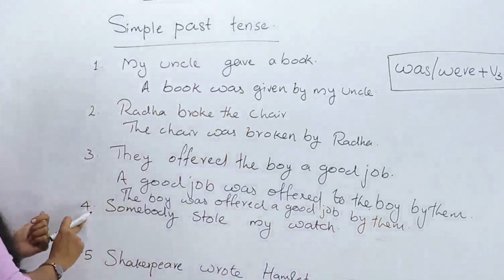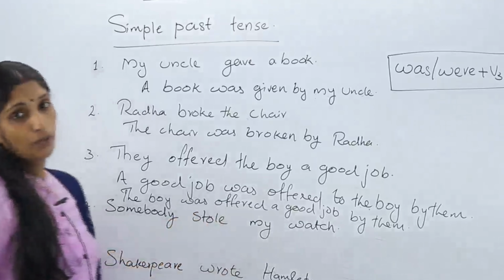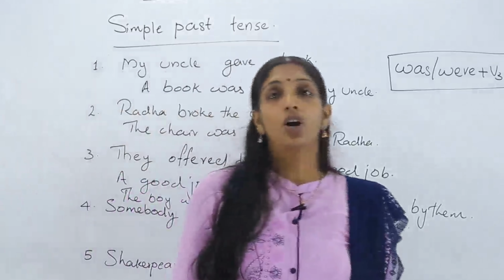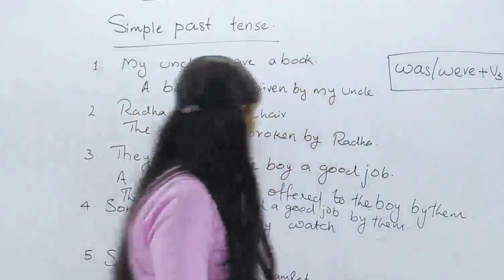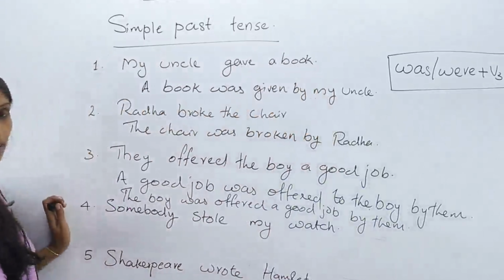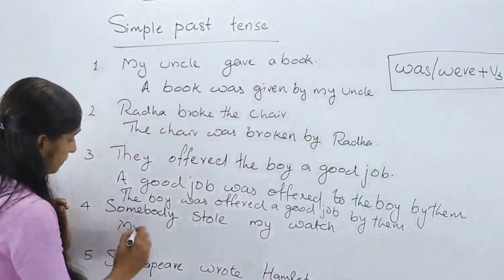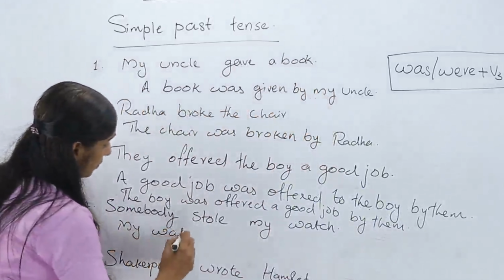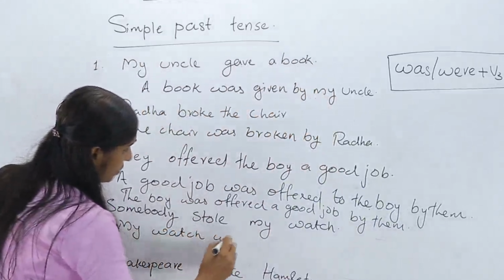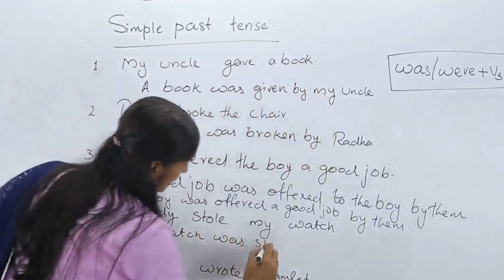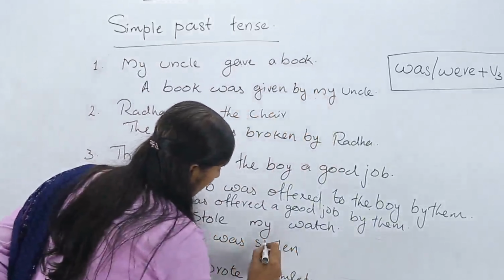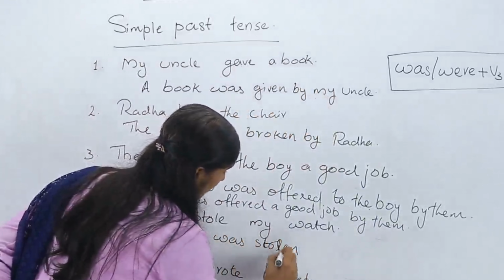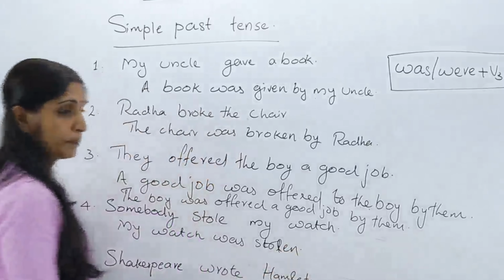Then the fourth sentence, somebody stole my watch. How do we write? Okay. My watch was stolen. Is it clear?